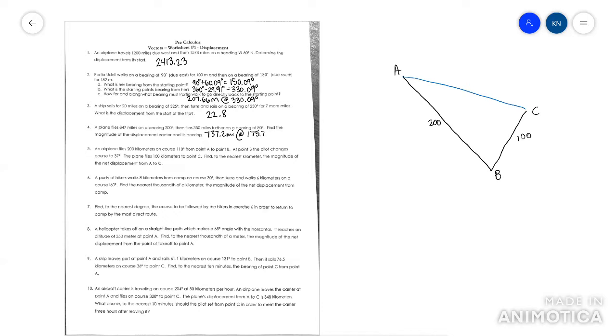So in order to do this, you're going to need this blue angle. And in order to get that angle, you're going to have to realize a couple things. This red amount was our first course, 110 degrees, right? So if this is 110 degrees, that means this green amount is 70 degrees, 180 minus the 110.